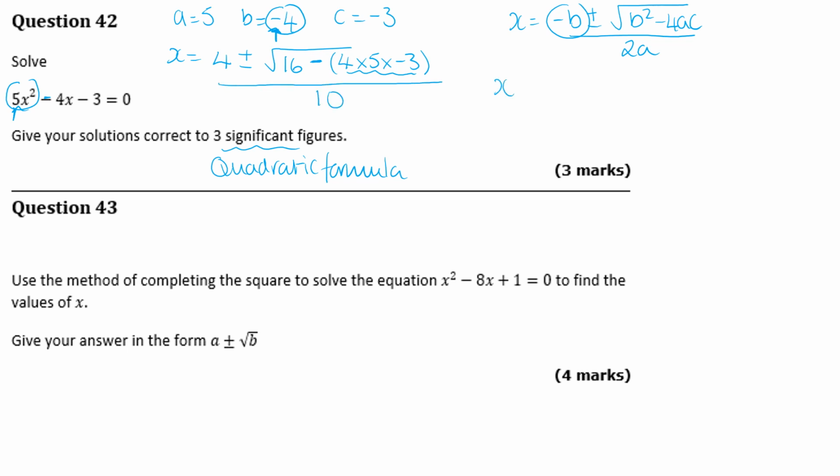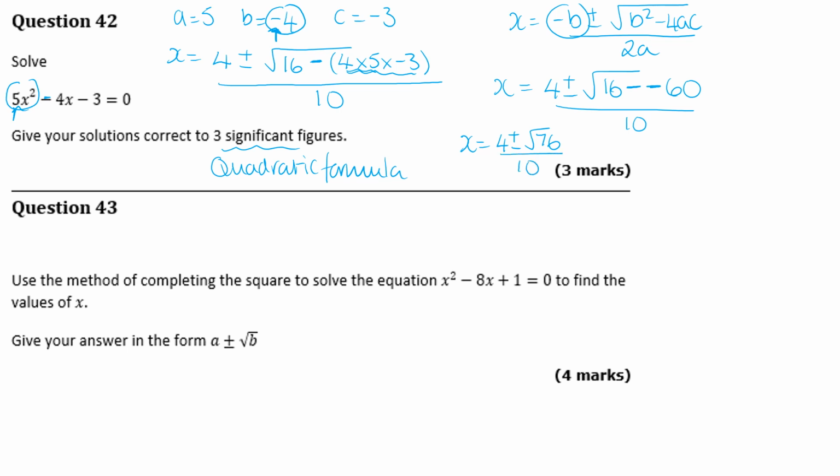So we've got x is equal to 4 plus or minus the square root of 16 minus 4 times 5, which is 20, times the minus 3, which is minus 60, all over 10. x is equal to 4 plus or minus root 76, because this minus and this minus make a plus, all over 10.